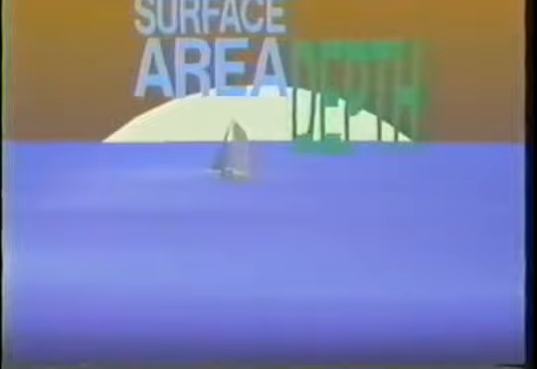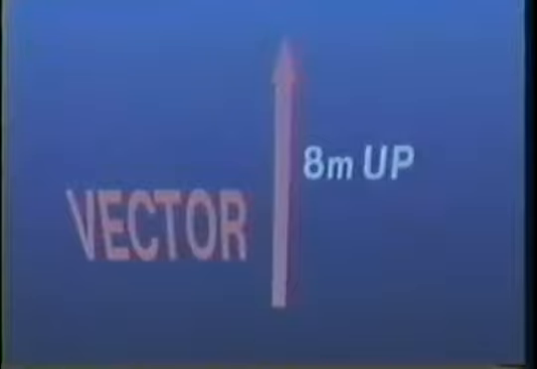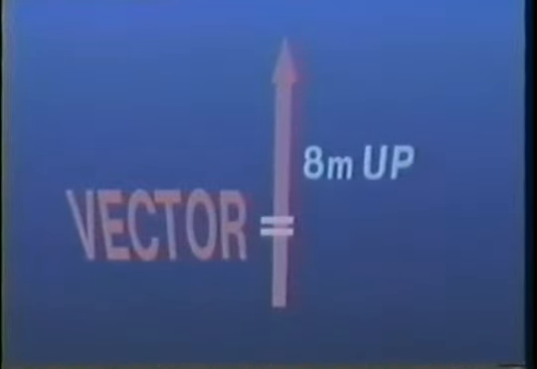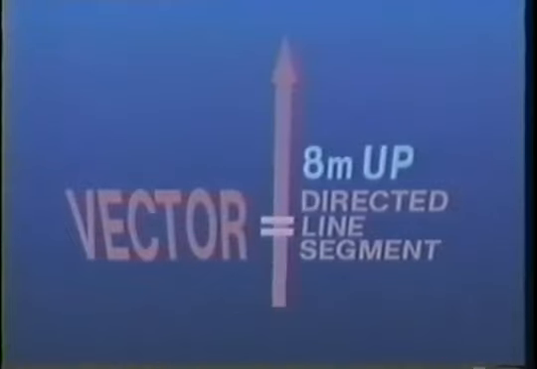Even the number of hammerhead sharks. When a line representing a scalar, like distance, is given a direction, it becomes a vector. Vectors are also called directed line segments.